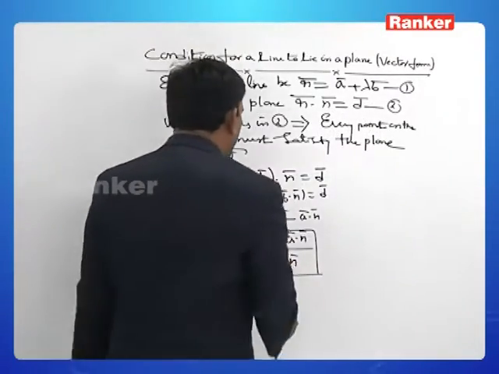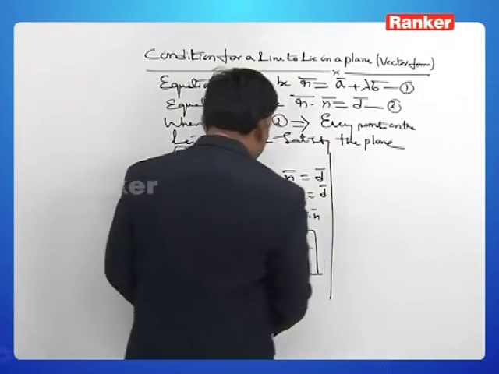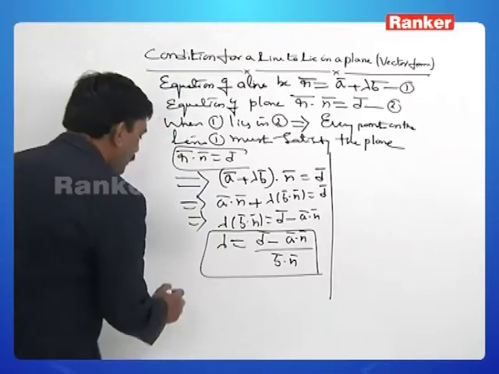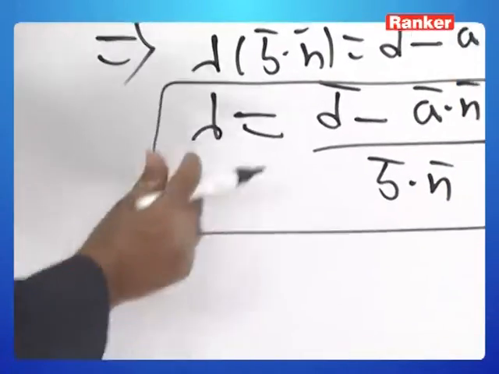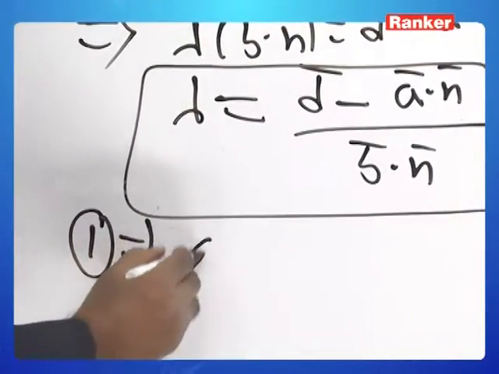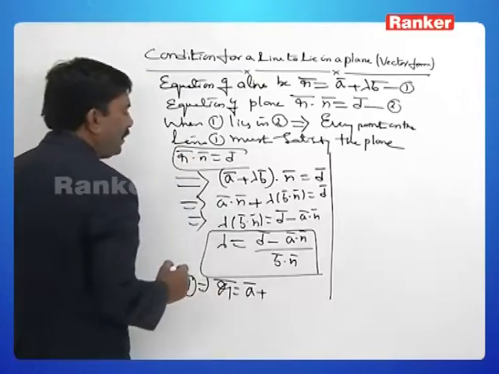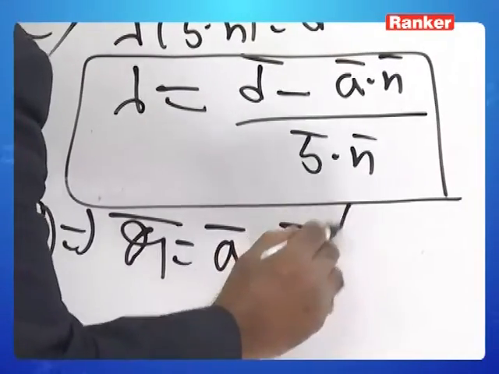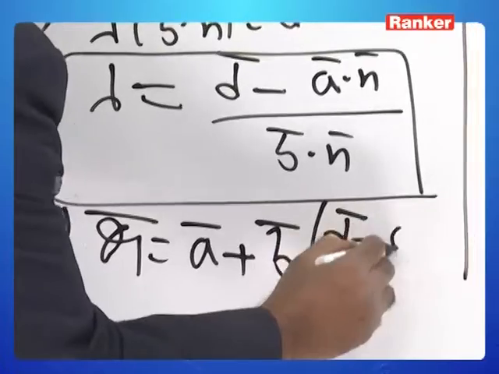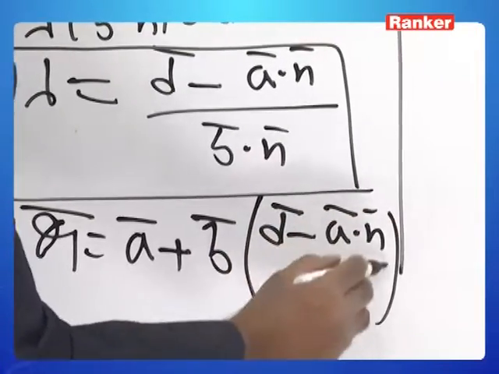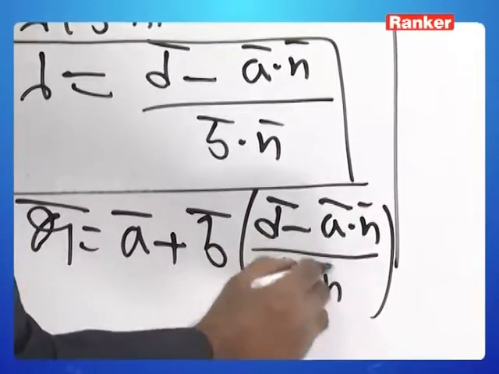Okay, now you take this value and substitute in 1. So what does 1 imply? This value substituted in 1 gives r bar is equal to a bar plus b bar into (d minus a bar dot n bar) by b bar dot n bar.